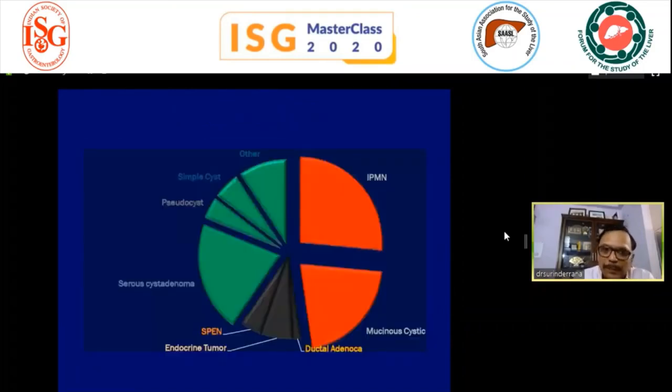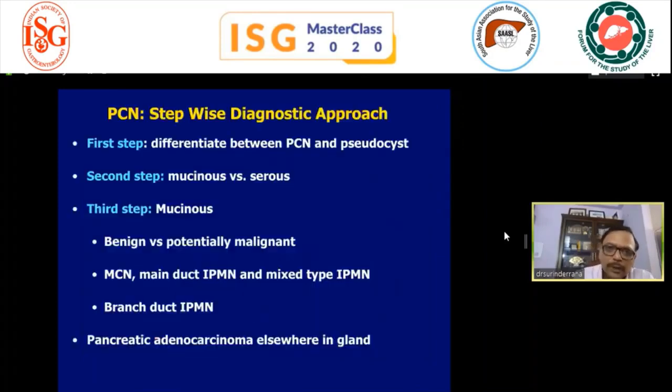Now let's look at the spectrum of cystic lesions. Despite having such a big list, the majority of them, almost half of them, will either be intraductal papillary mucinous neoplasia, that is IPMN, or mucinous cystic neoplasms. And rarely you can have ductal adenocarcinomas, endocrine tumors, and SPEN presenting as cystic tumors. So here again, we need to follow a stepwise diagnostic approach.